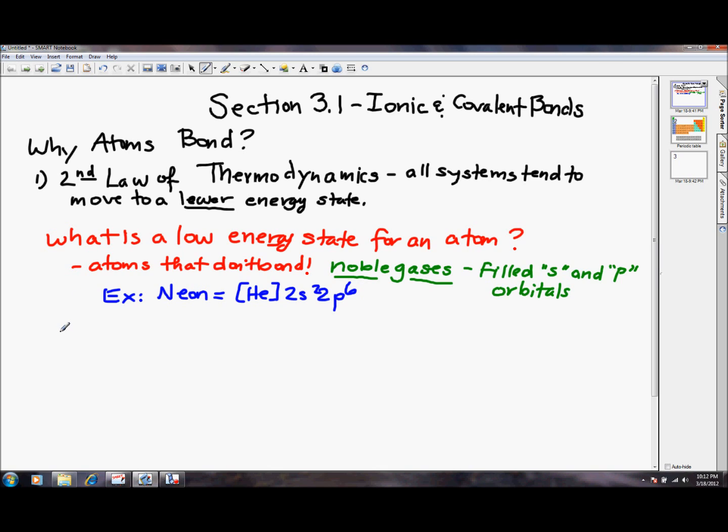So what does that mean for the other atoms? So in order for an atom to get to a low energy state, in other words, how does an atom get full s and p orbitals? Okay.